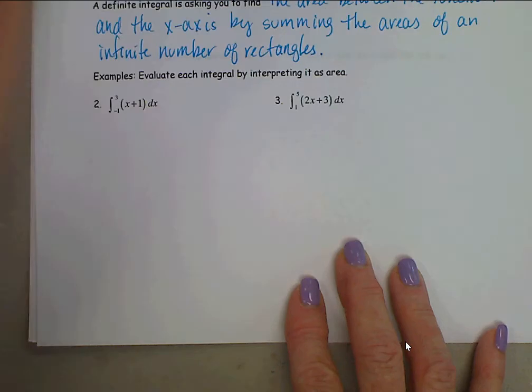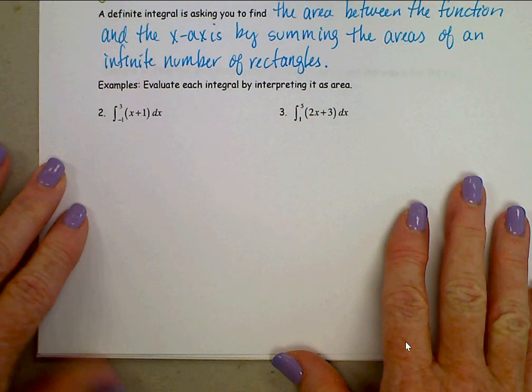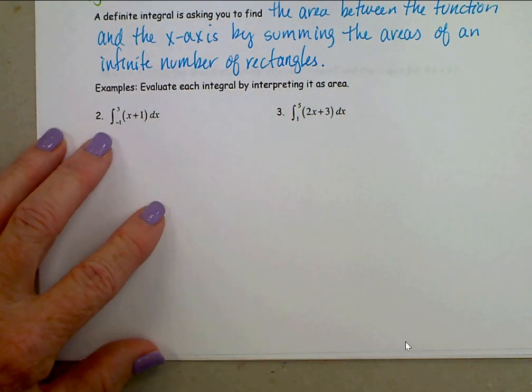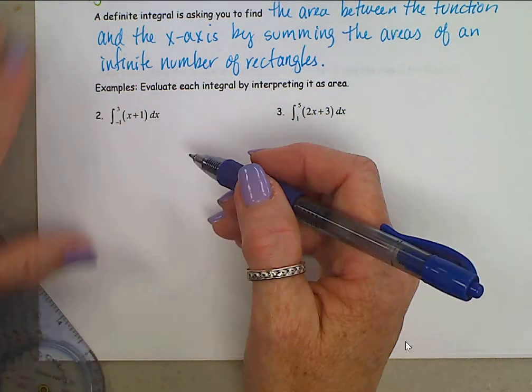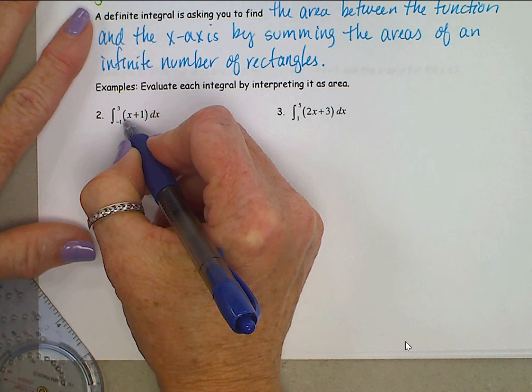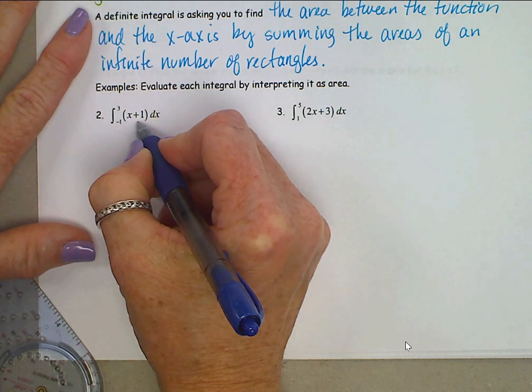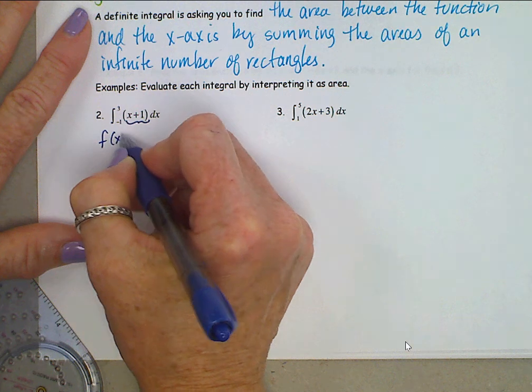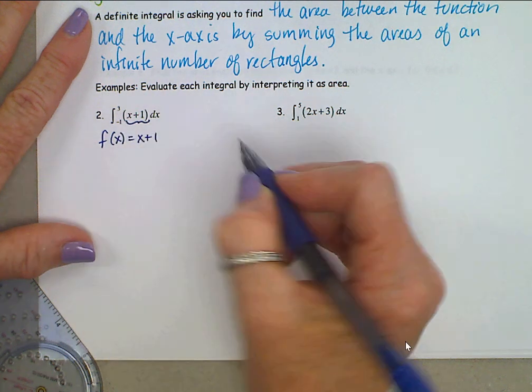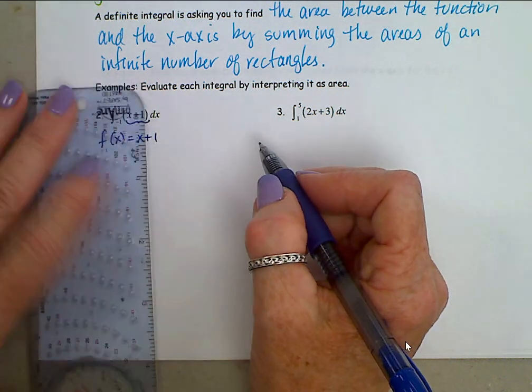Let's take a look at evaluating some integrals by interpreting them as area. So we need to sketch a graph, and this part right in here, that's your f of x. So that's telling us that f of x is x plus 1. Sketch that graph.